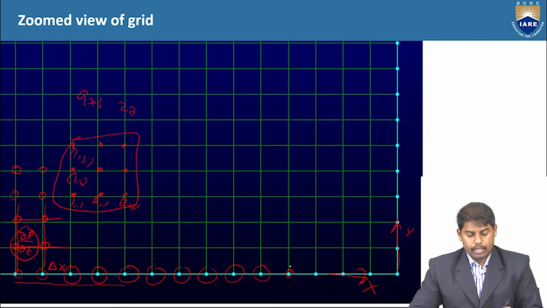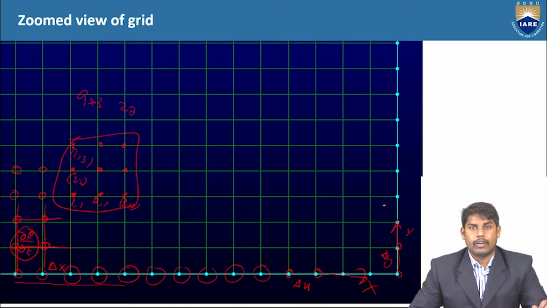The distance between one grid point and the other along the x-axis is delta x, and the distance between one grid point and the other along the y-axis is delta y. Similarly, if you take the z direction, you will have delta z. So delta x, delta y and delta z.